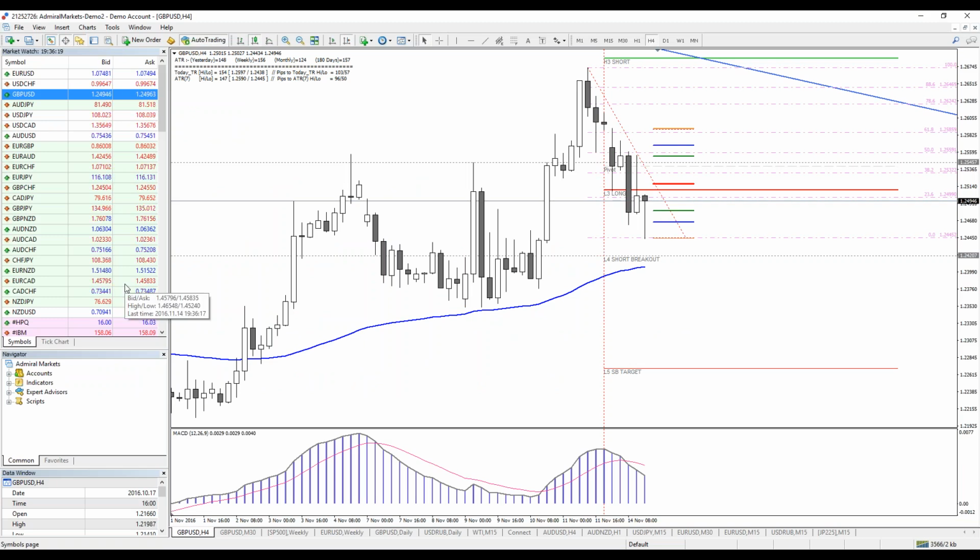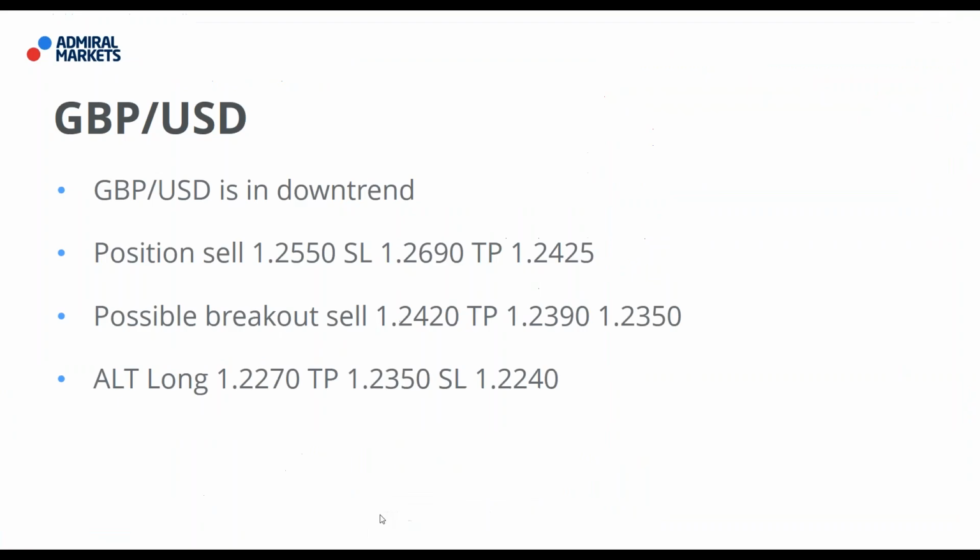I will reply to all of your questions when I finish with the slides. So you see here pound dollar dropping, and as I said, I would like to see a retracement, then sell again, and I would buy here if it drops. So I'm really waiting for that retracement.